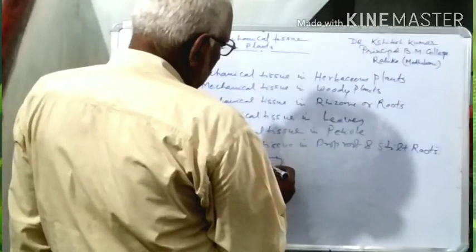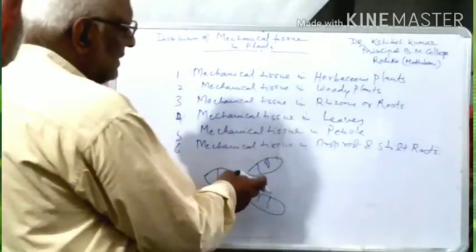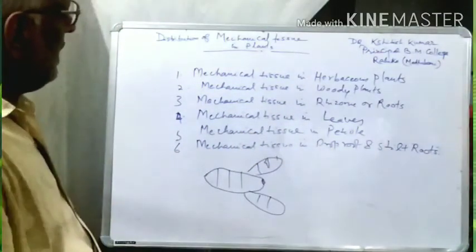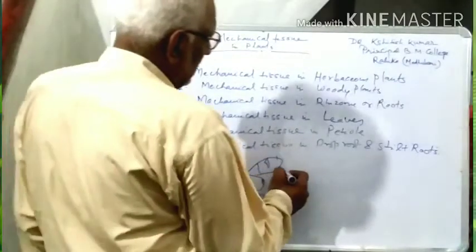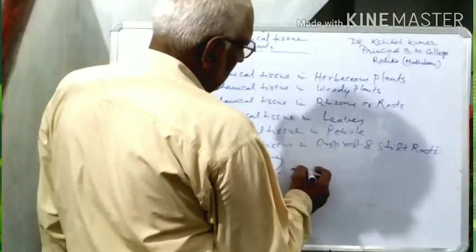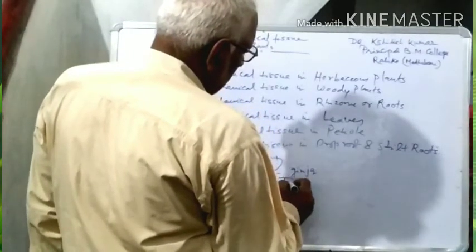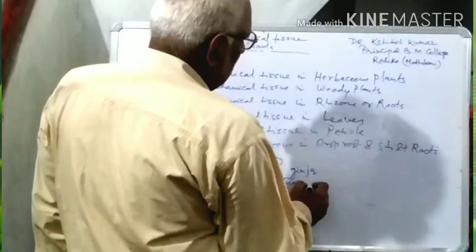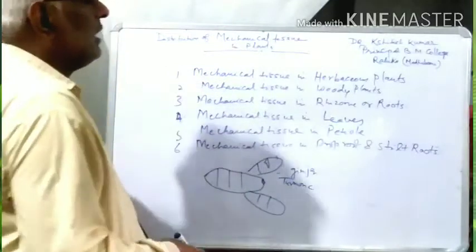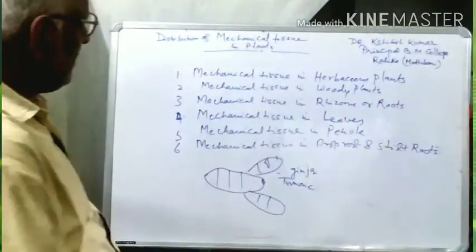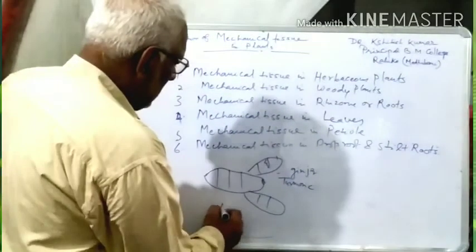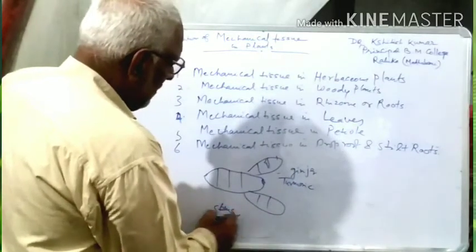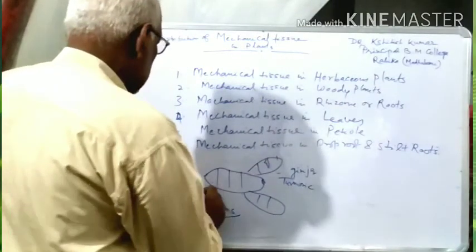Here is the apical bud. Scale leaves are found. These are the modification of stems, as for example ginger, turmeric, etc. Here rhizomes are the modification of stems.